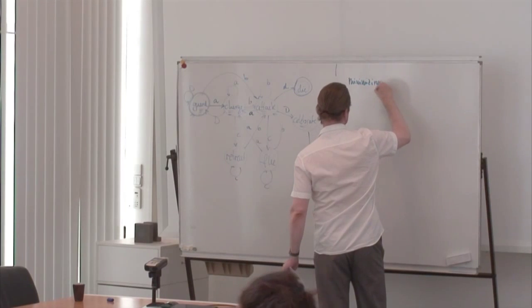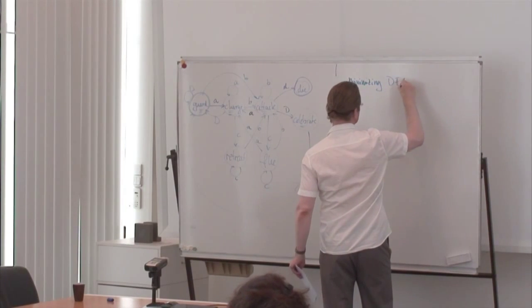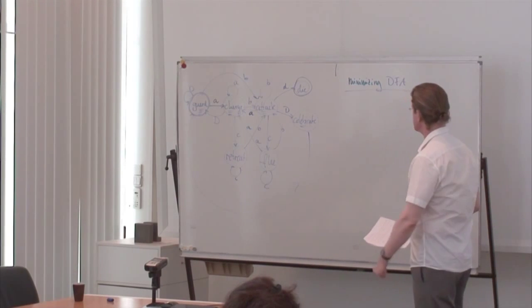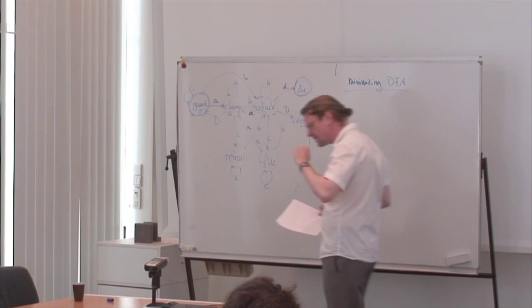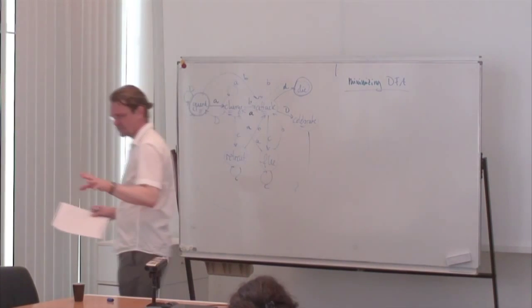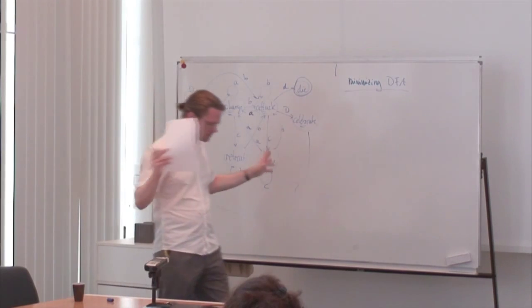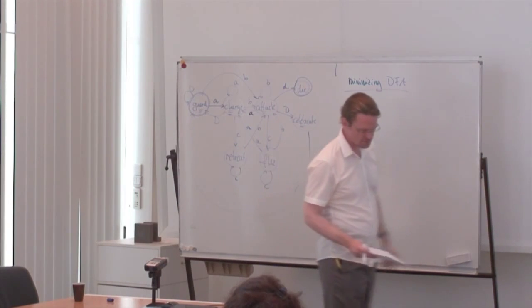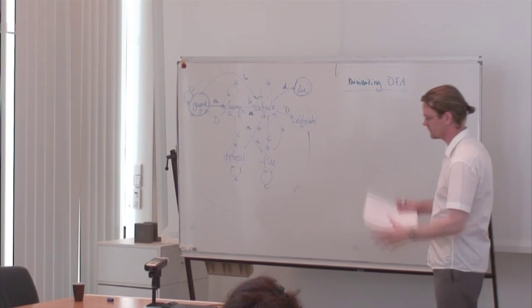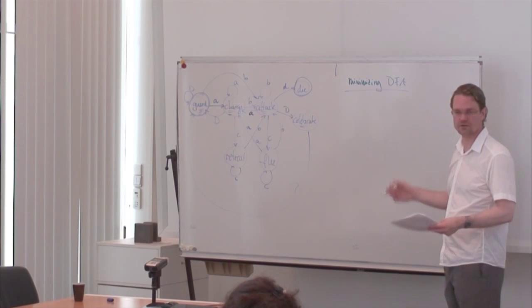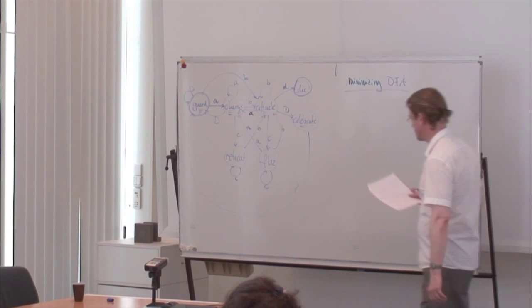Minimizing deterministic finite automata. I will ever so briefly just touch upon this theory. It's very, very important and extremely well understood because it's so important for the area of compilers and so on and so forth.